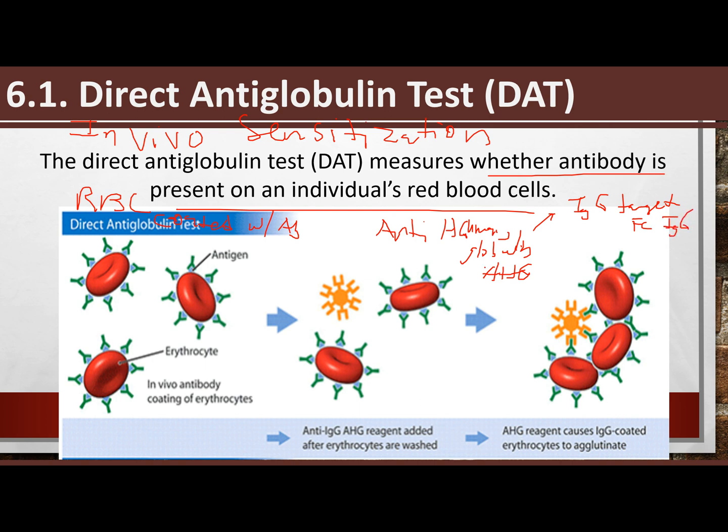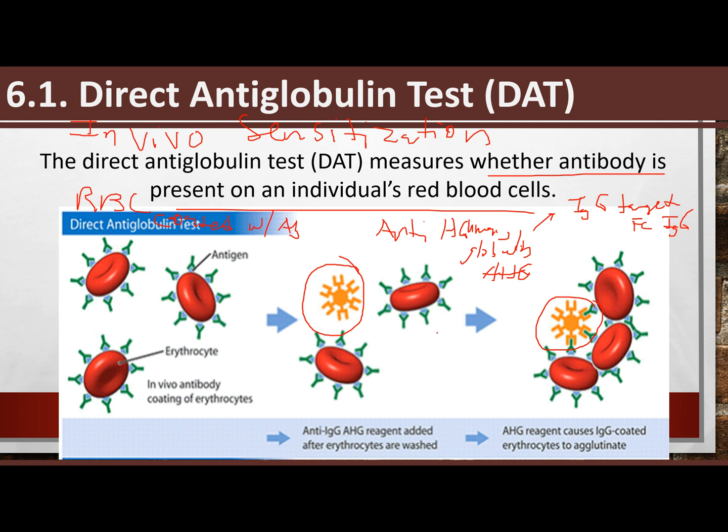So once you add your AHG, this is your AHG, class, this yellow one, it would now target the Fc region of those antibodies already attached to the red blood cell. And this will cause it to agglutinate.